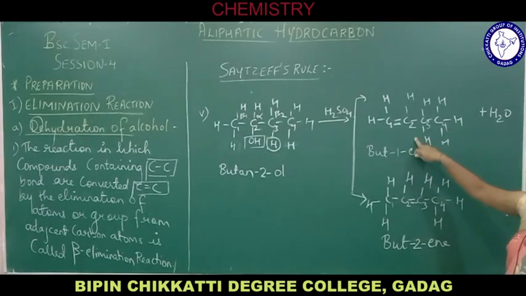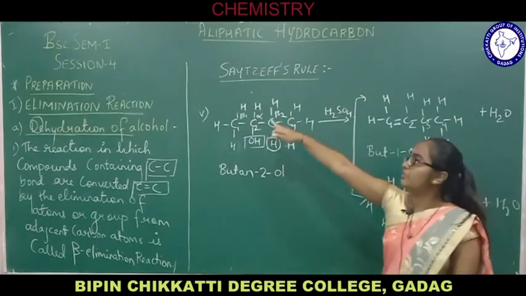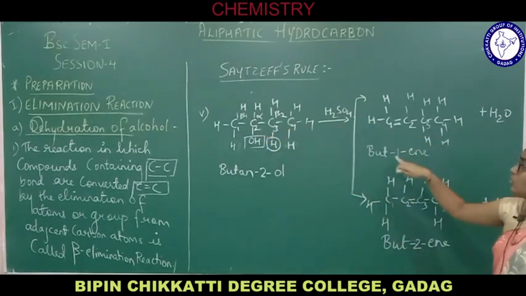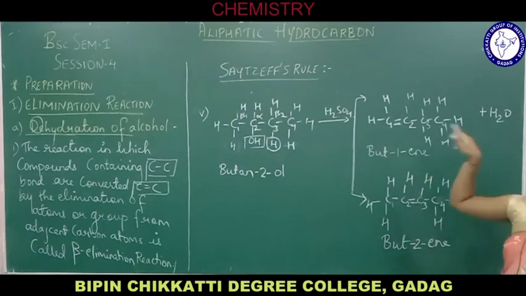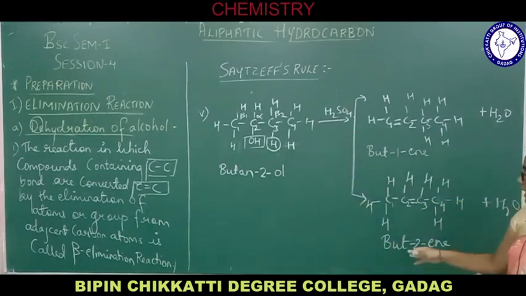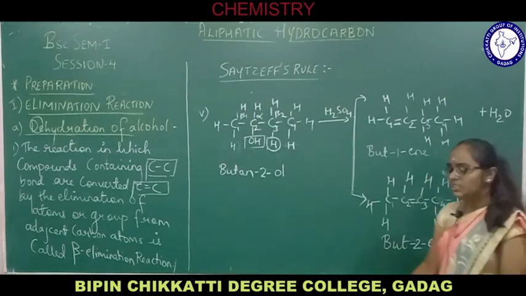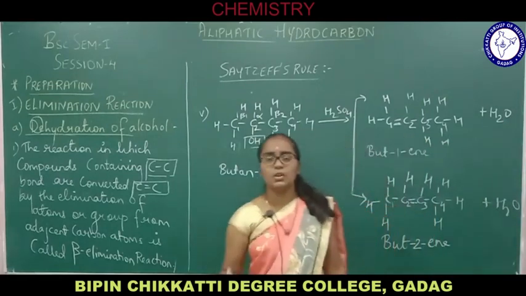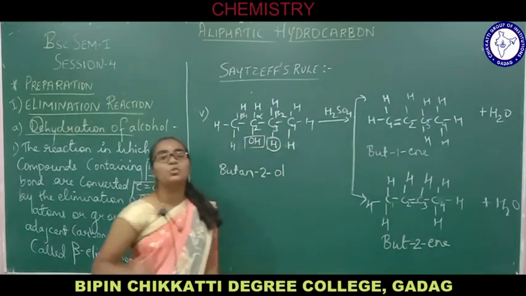In the first one, if hydrogen is eliminated from beta 1, you will get but-1-ene. If hydrogen is eliminated from beta 2, you will get but-2-ene. If these two products are formed, which will be the major product and which will be the minor product? Who will decide?